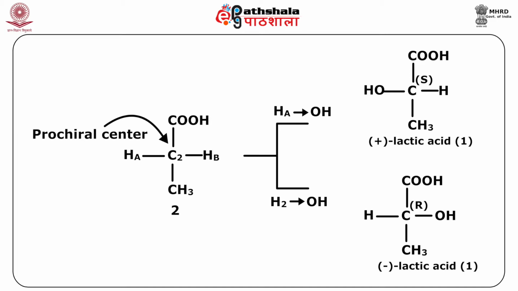The protons HA and HB of the propionic acid are in different places, hence they are known as heterotopic. The molecule 2 shown here is prochiral, which means that this can be converted to a chiral compound 1 by replacing its ligands, either HA or HB, by the different ligand OH. The carbon C2 is called a prochiral center as shown in the figure.